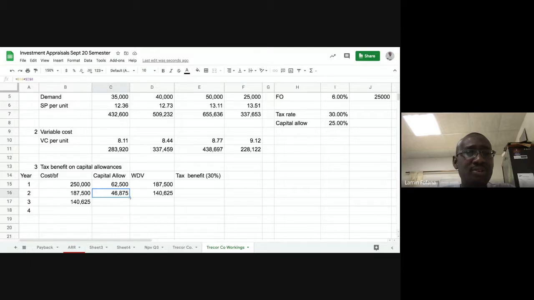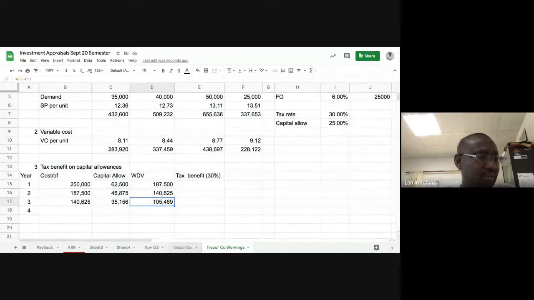What about the capital allowance? We can bring the calculation here, so that the capital allowance will be this multiplied by the 25%. So the capital allowance is 35,156. And what will be the WDV? We can replicate this so that we have 105,469.